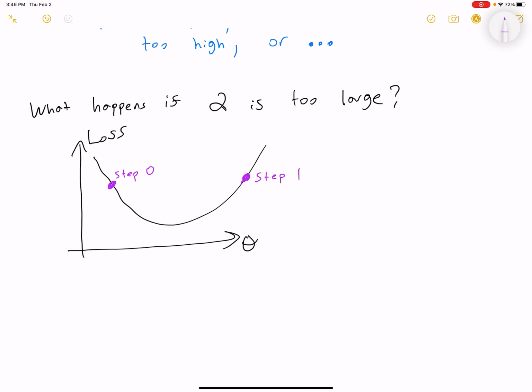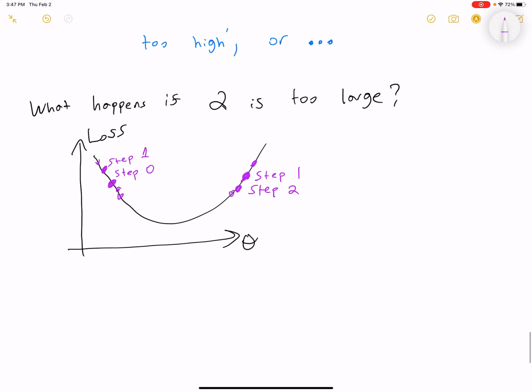And then we see, okay, that's bad, we need to go in the other direction, but our alpha is so high that we go all the way over here for step 2. That's too big, we need to increase our parameter value, but our alpha is super large, so we make a giant step the other way, and we kind of never get to our local minimum.